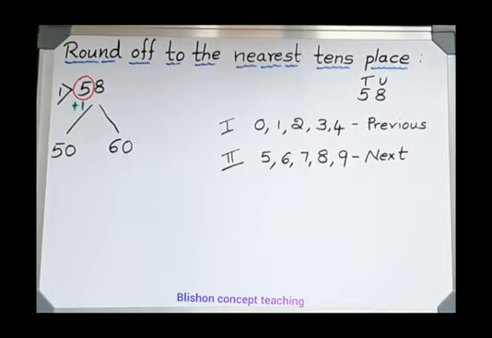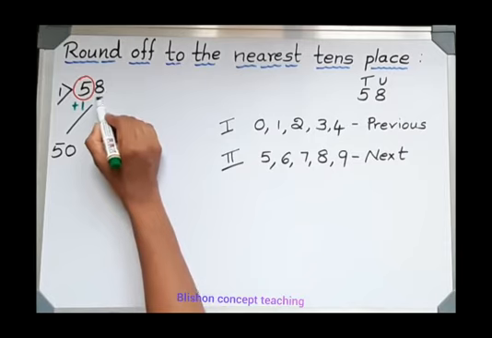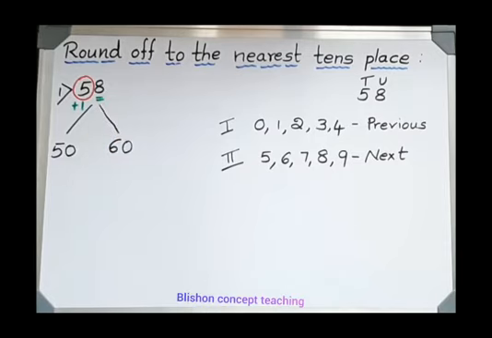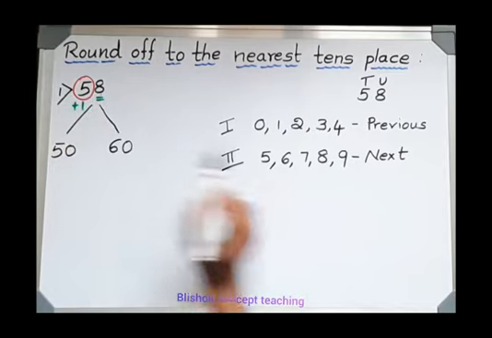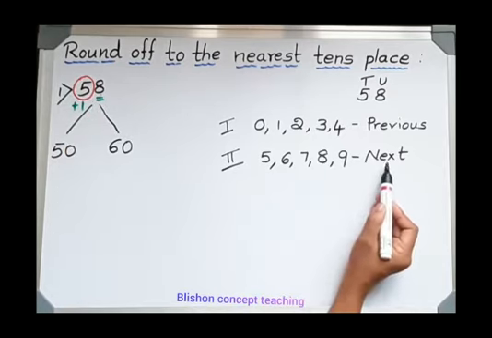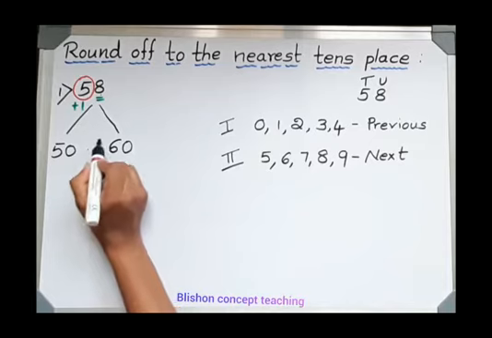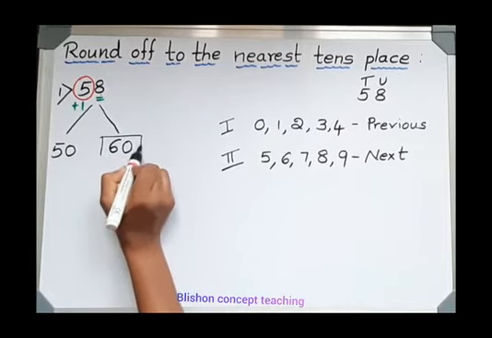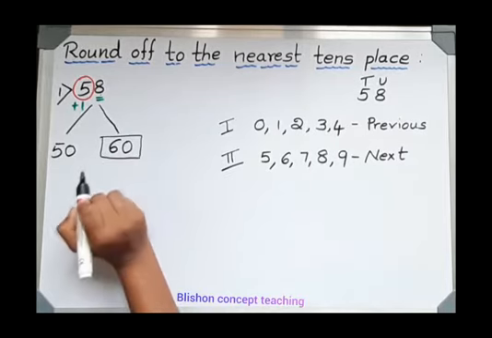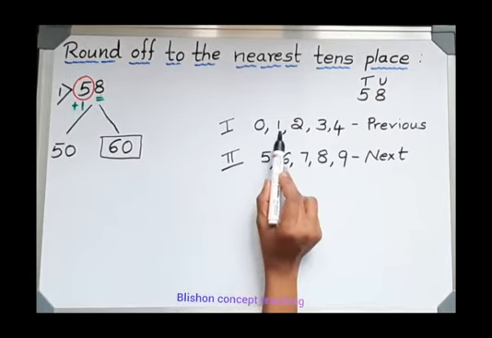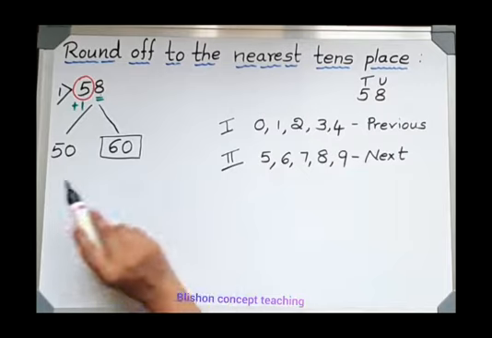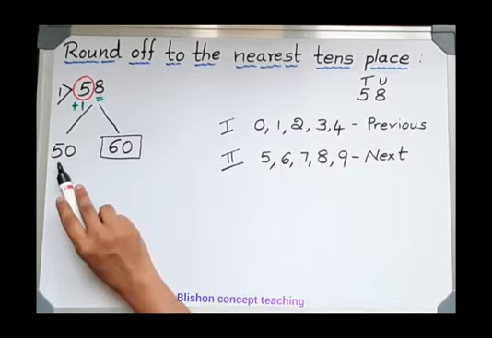See it clearly. See here, after the tens place, here it is 8. Means I have to round off for the next number. Means here 60. Suppose if the digit is 1, 2, 3, 4 or 0, I have to round off for 50.